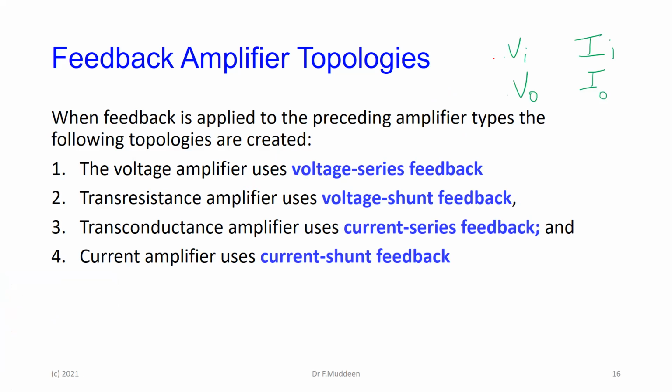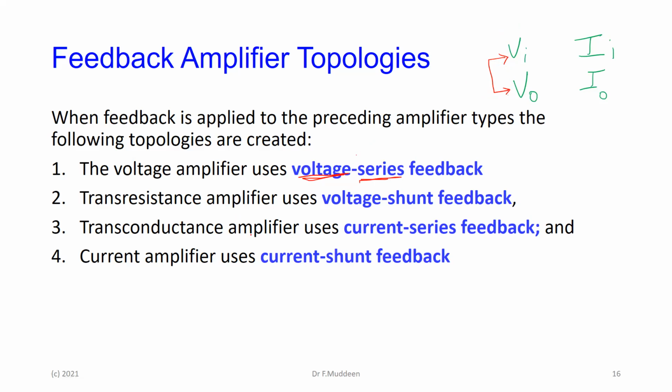It means that what I have to sense, what I have to feed back, is voltage. And if I'm sensing voltage, how I feed the voltage back has to add or subtract to the input. If it's negative feedback, the voltage has to subtract from the input. So I have to feed the voltage back in series with the input, right?